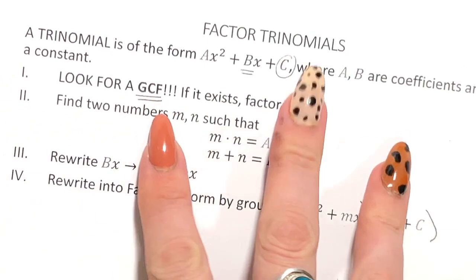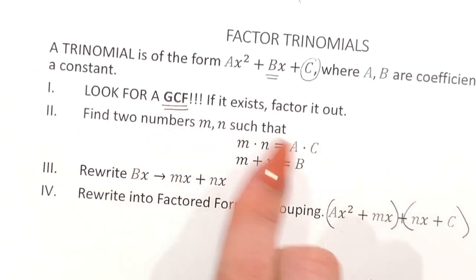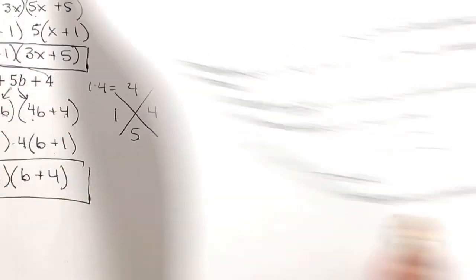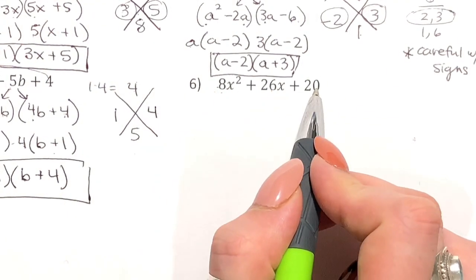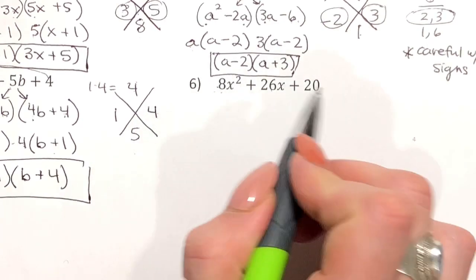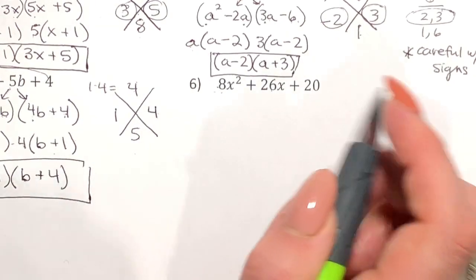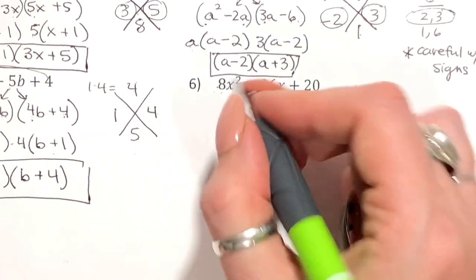So remember, I told you to always look for a greatest common factor as your first step before you do any of this stuff. So when I look at these 3 terms, 8, 26, and 20, is there something that I can take out of all 3 of them? And there is. We can take a 2 out.